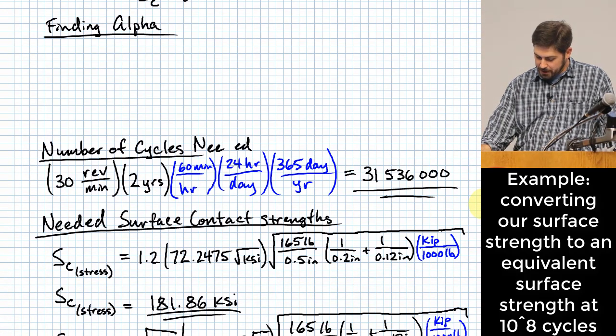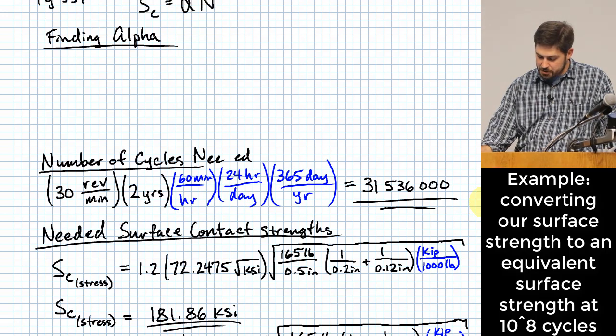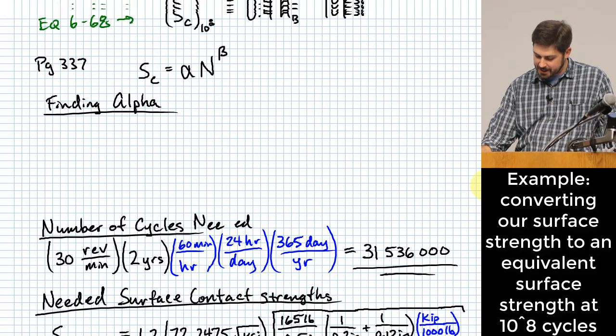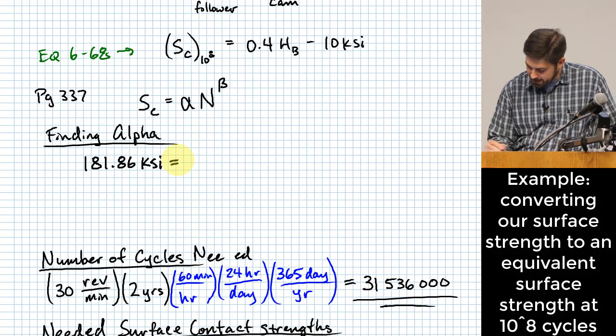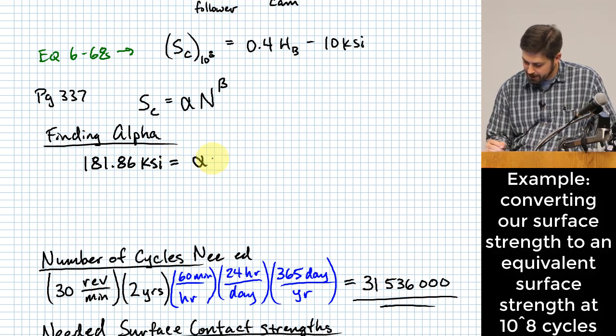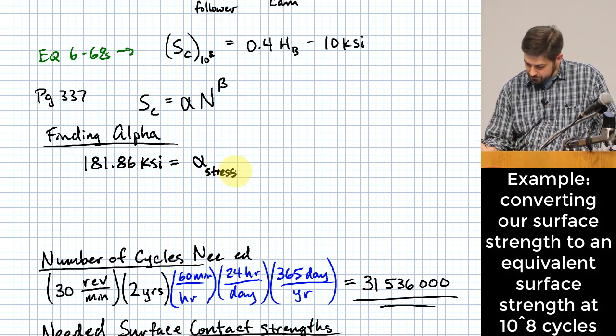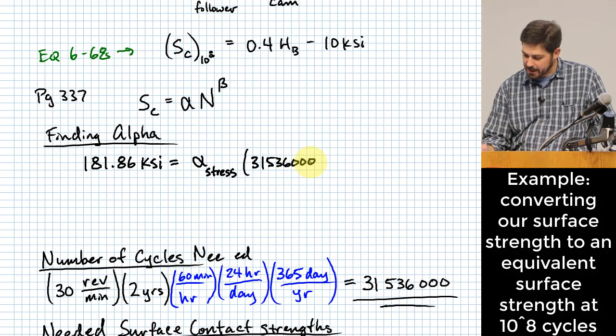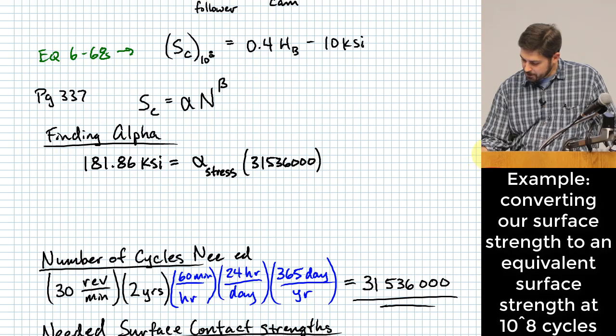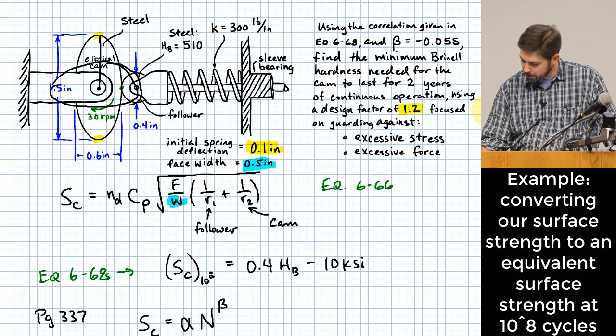All right, so what we'll do here is we will say that guarding against stress, we have 181.86 KSI is equal to alpha, and I'll put a subscript on alpha. This is alpha for the case where we care about stress, times the number of cycles that we had there, 31,536,000, to the beta, to the negative 0.055.